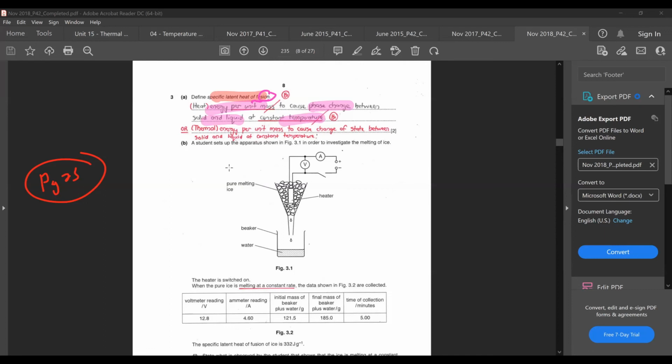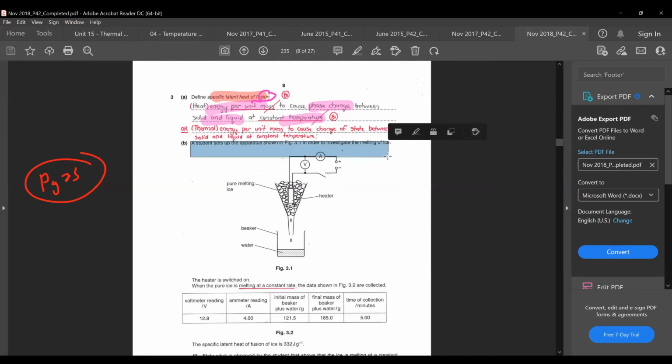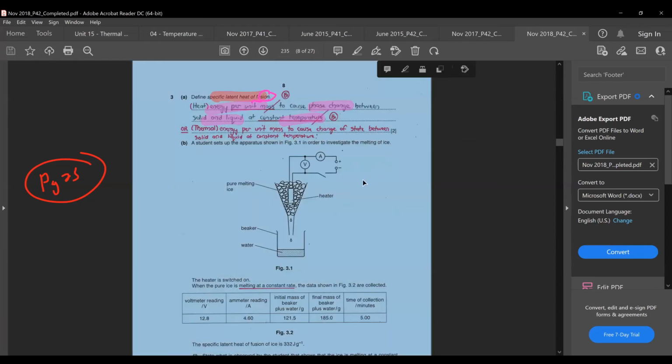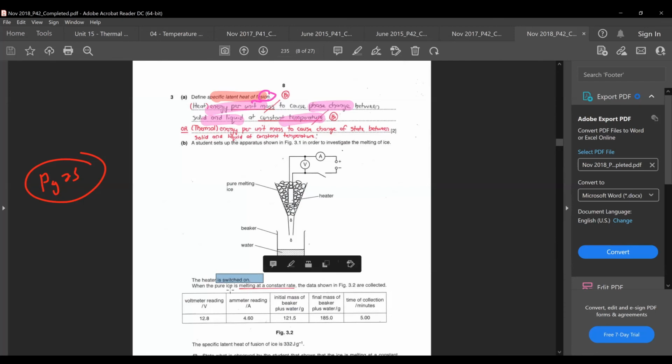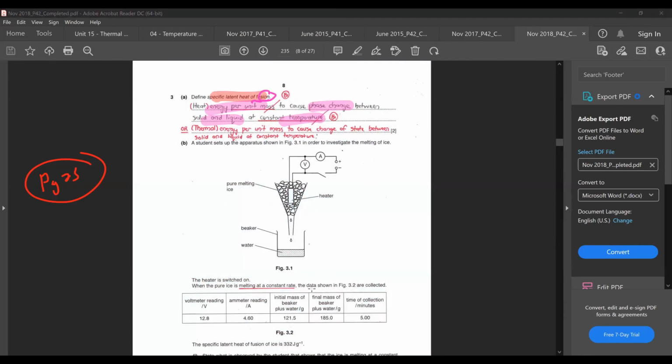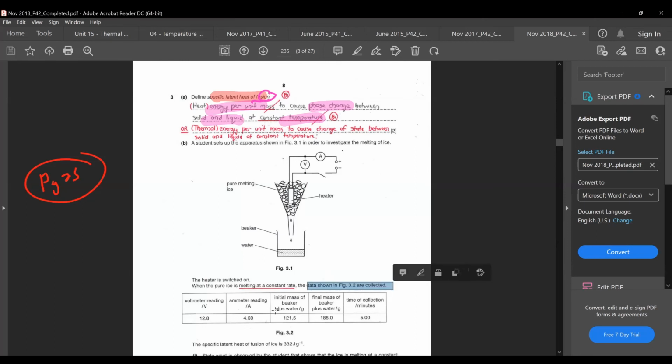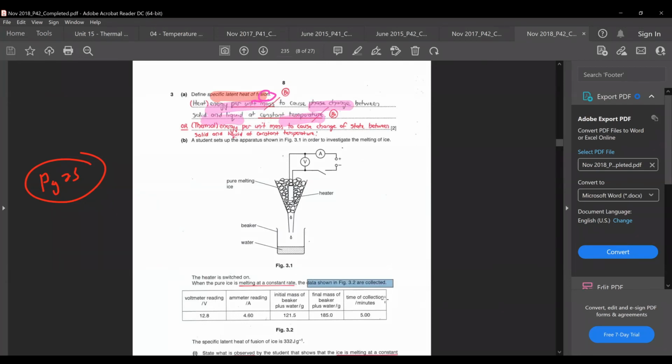Then for part B, you have a student that sets up the apparatus shown in figure 3.1 in order to investigate the melting of ice. The heater is switched on when pure ice is melting at a constant rate. The data shown in figure 3.2 is collected, something like this here.